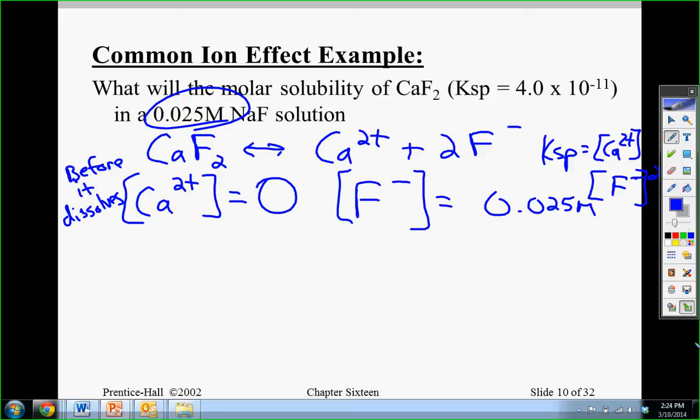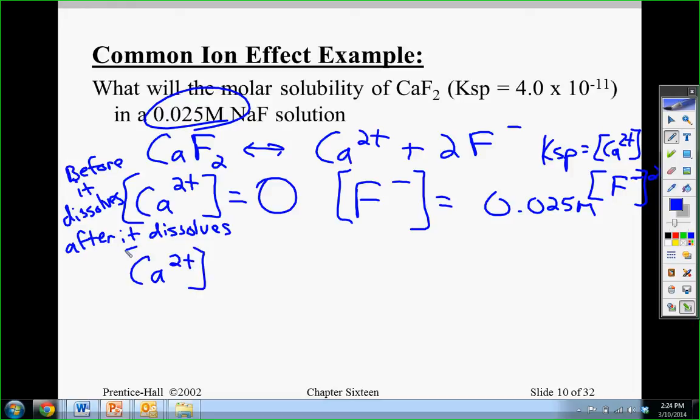All right? Okay, are there any questions so far? All right, so after it dissolves, what am I going to get for Ca2+?